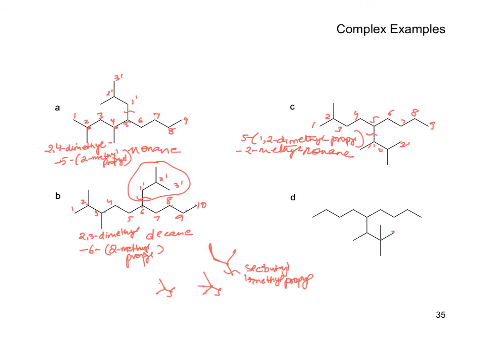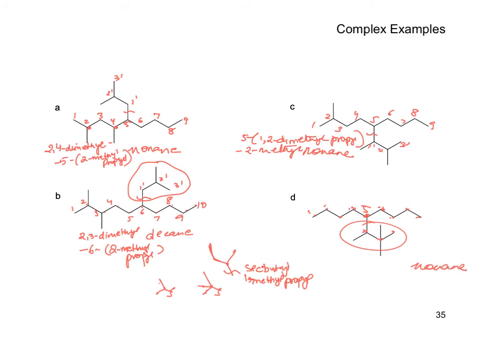So if you would go 1, 2, 3, 4, 5, 6, 7, 8. If you go 1, 2, 3, 4, 5, 6, 7, 8. And if you go 1, 2, 3, 4, 5, 6, 7, 8, 9, looks like that's the longest. So it sounds like the 5th position contains the branching. So it's a nonane again.